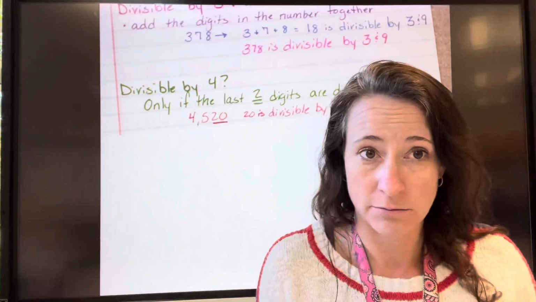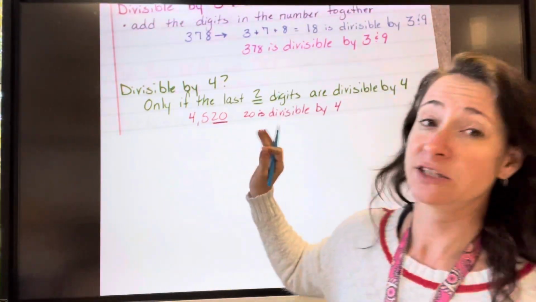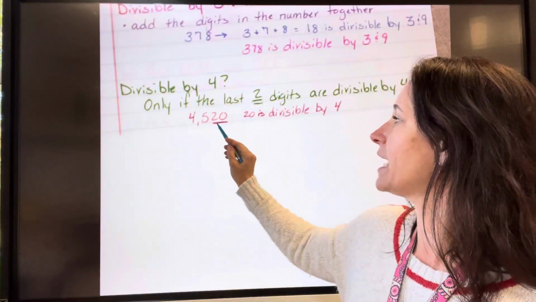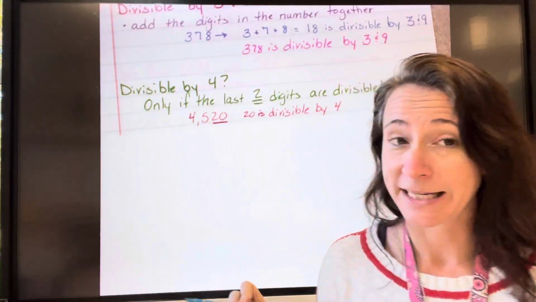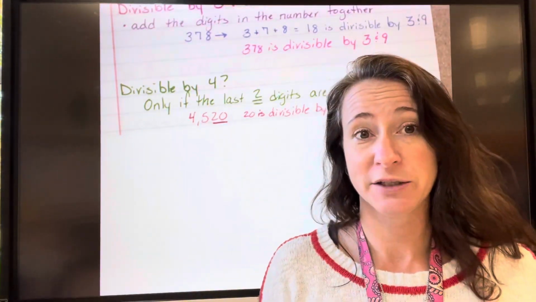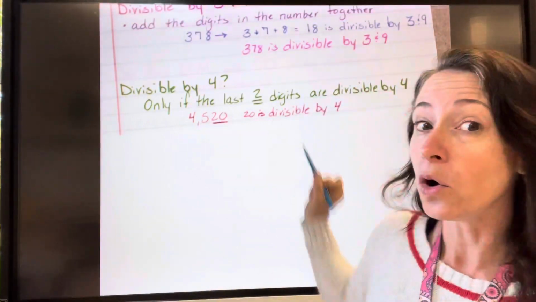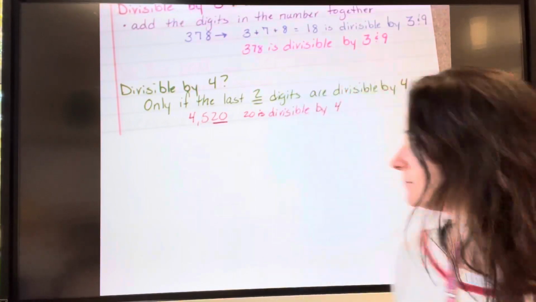So any number, and I've tried this, so this really works. If you got this really large number and you look at the last 2 digits, it is 20. 20 is divisible by 4 because 4 times 5 is 20. Therefore, the whole number is divisible by 4. Crazy, huh?